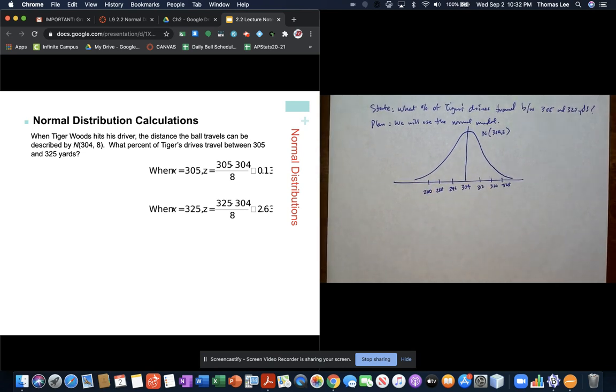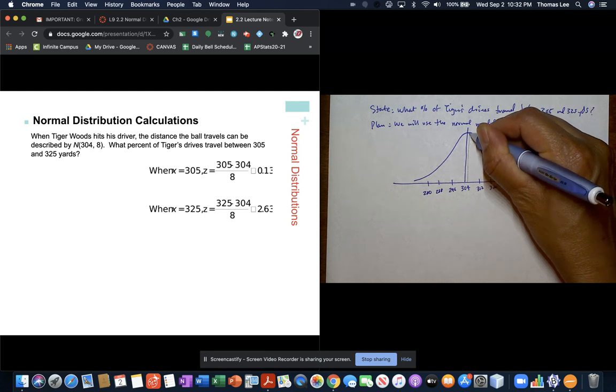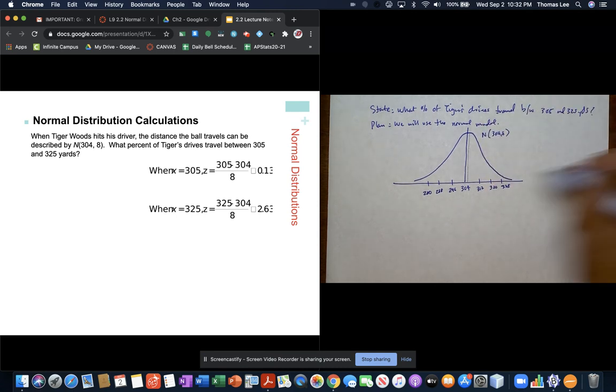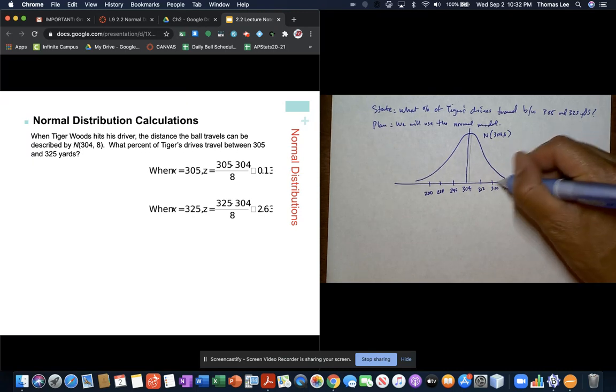Let's shade the region of interest. The region of interest is between 305 and 325. So 305 is just right of the mean, about 1/8 of a standard deviation right of the mean. And then 325 is a bit beyond 320.